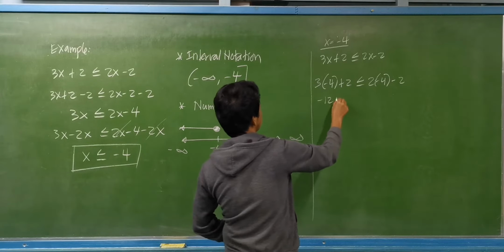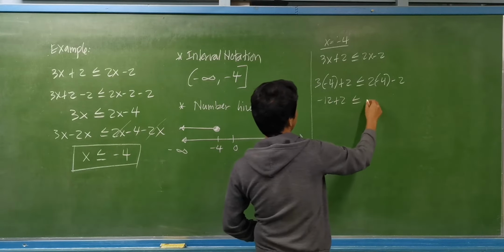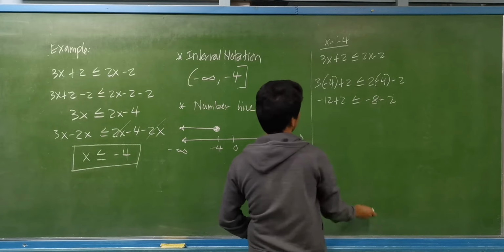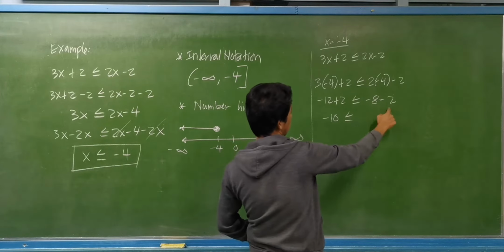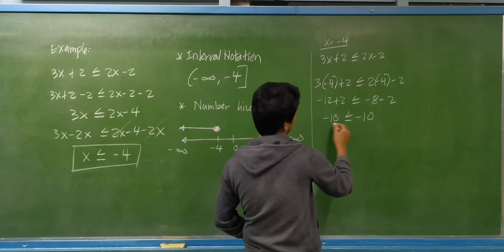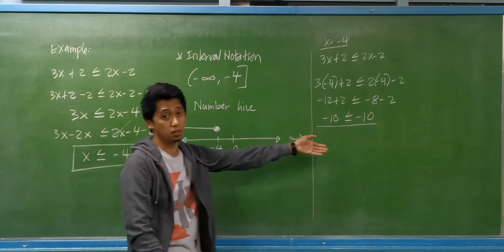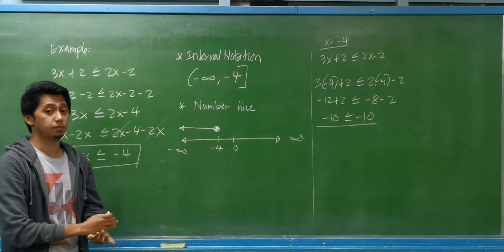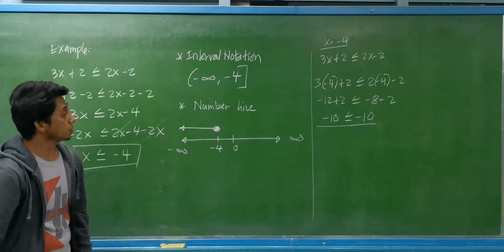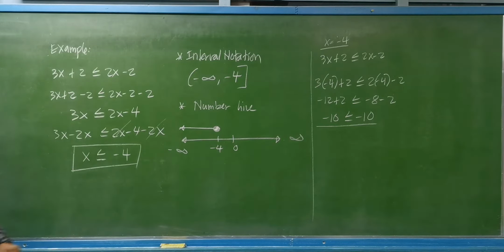This is negative 12 plus 2 is less than or equal to negative 8 minus 2. So this is negative 10 is less than or equal to negative 8 minus 2, which is also negative 10. So the inequality is justified. That is, negative 10 is also equal to negative 10. Alright, so this is our second example.